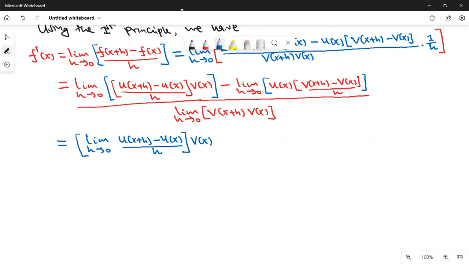See, that one does not depend on h. Minus, now I can see u of x can be factored out. Then inside we have the limit as h approaches 0 of v of x plus h minus v of x, the whole of this divided by h.